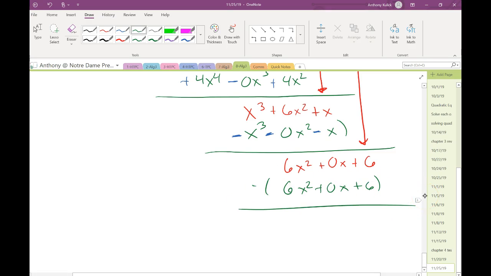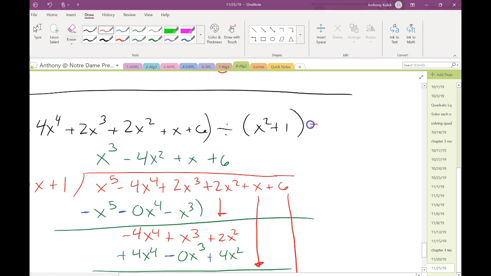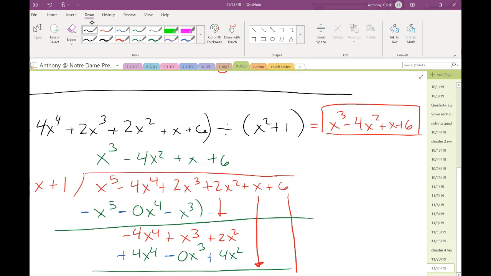And when I subtract down, we should easily see that we get 0. So the answer to this problem we'd write is x cubed minus 4x squared plus x plus 6. And that's it. And we're done here for today.